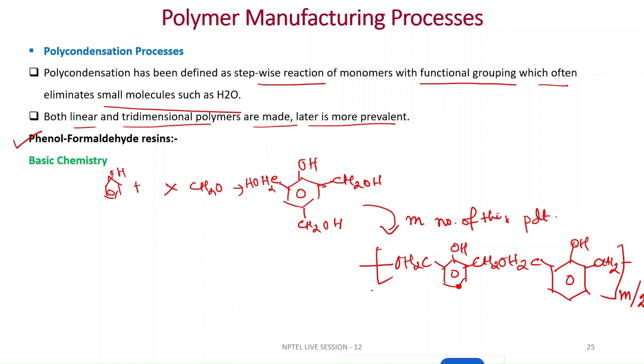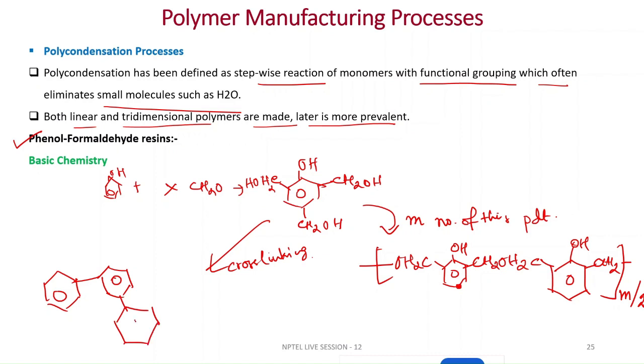And the cross-linked tridimensional polymer, of this cross-linking, it will all form like this.